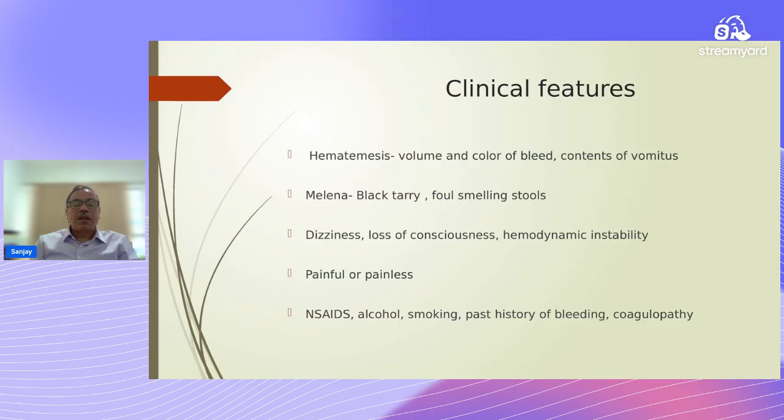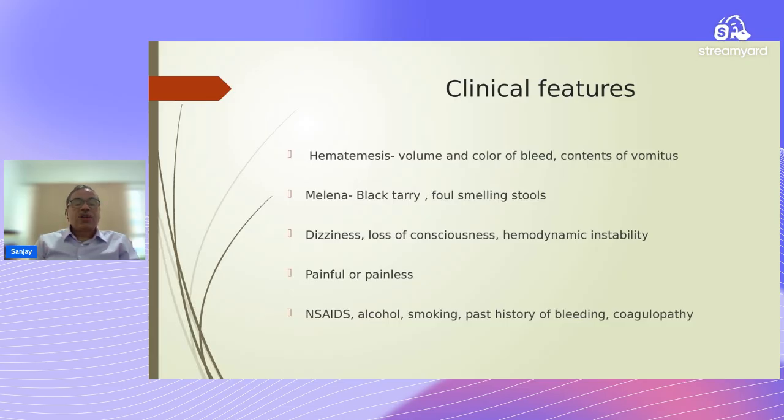Why does melena occur? Because as the blood passes down the gut, in a case of substantial upper GI hemorrhage, it gets acted upon by two important things. Number one is the intestinal enzymes, especially in the small intestine, which would break the components in the blood into different subgroups.